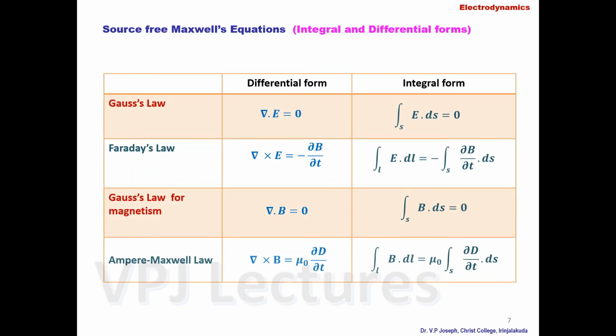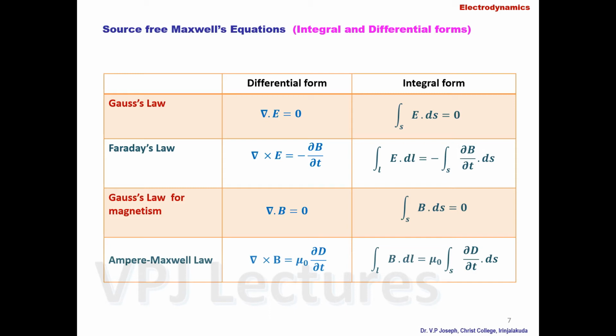Now what happens to these equations if they are analyzed for a source-free region, that is for a free space region, where we are assuming that there are no sources present. In that case, the charge density rho and current density J tend to 0.